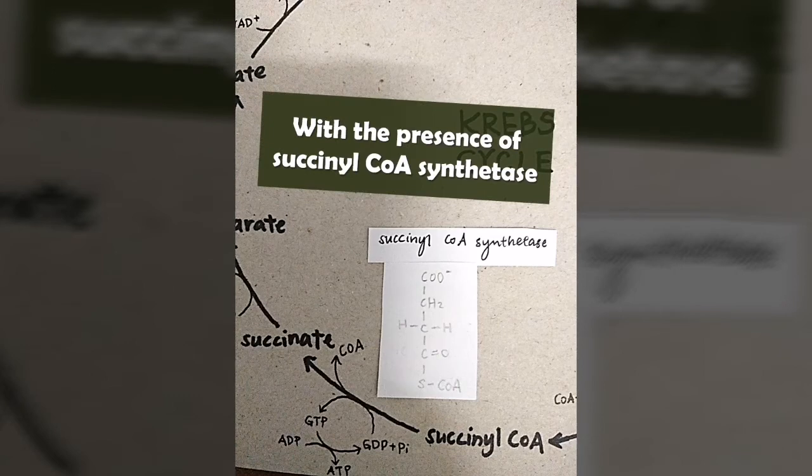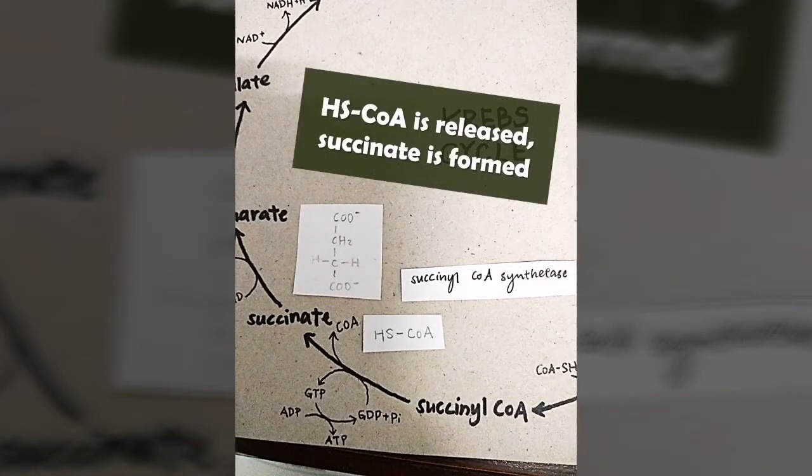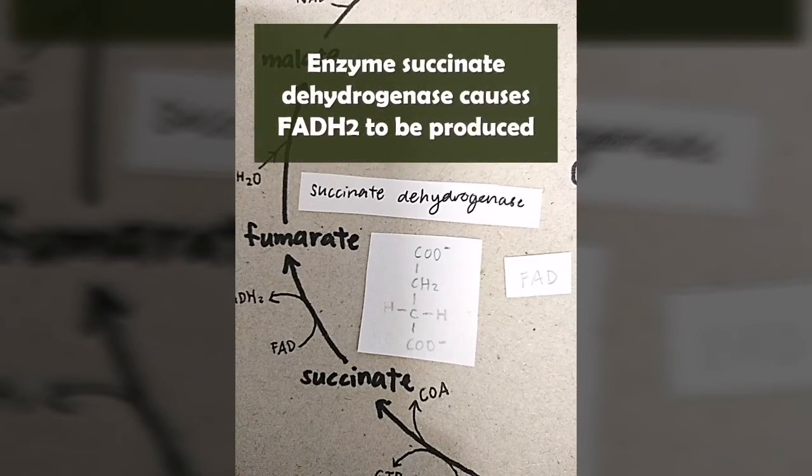With the presence of succinyl-CoA synthetase, coenzyme A is released. Succinate is formed. The enzyme succinate dehydrogenase causes FADH2 to be produced.